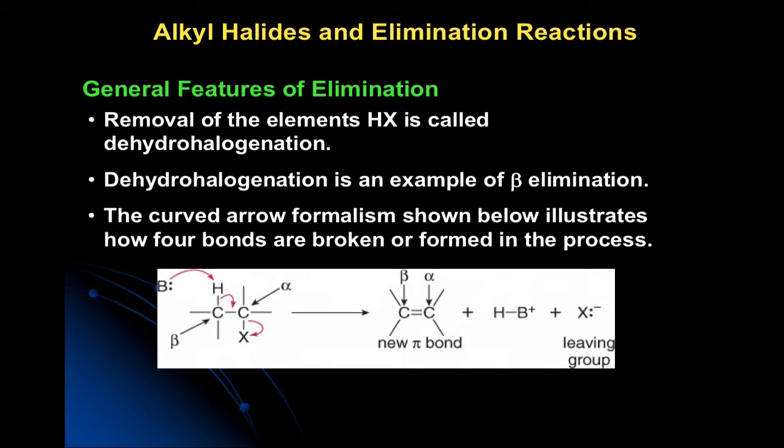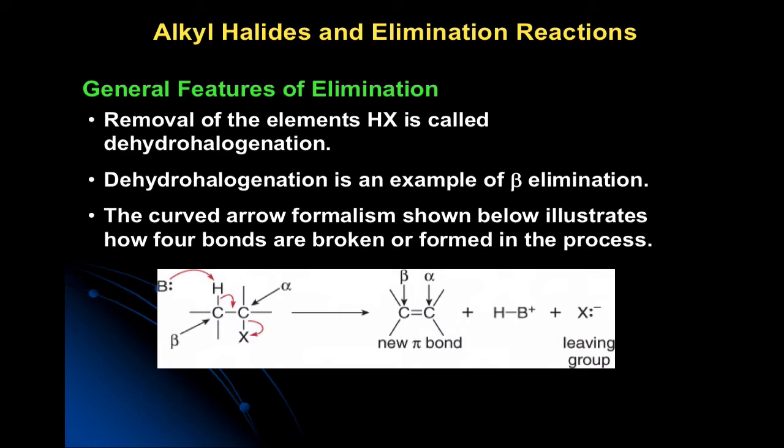Now, if you'll notice, in this particular mechanism, the base, which is just generically written as B with a lone pair of electrons, so it can be potassium tert-butoxide, it could be any number of bases, comes in on the beta carbon and abstracts a hydrogen, and those electrons that are in that carbon-hydrogen bond go to form the pi bond. These electrons are now going to be in the pi bond, and the leaving group leaves.